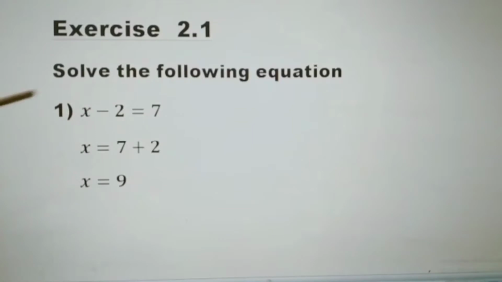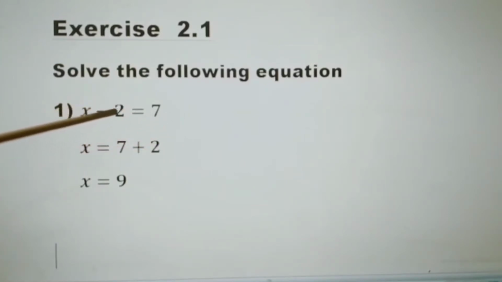Once more, the question is x minus 2 is equal to 7. We have to find out the value of x. X is equal to whatever number is on the right side of the equal sign, you write it first after the equal sign. That is x is equal to 7. Then x is equal to 7 plus 2.